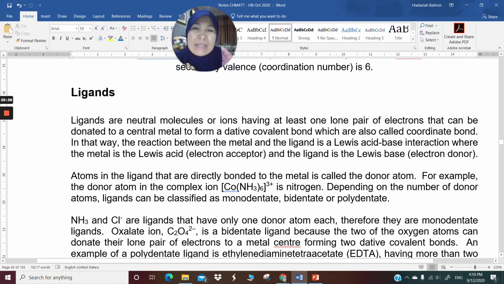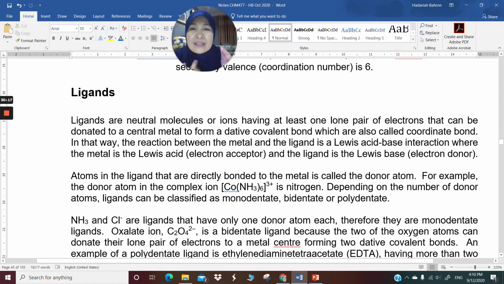Dative means that the lone pair of electrons being shared by the ligand and the metal come from one source, which is the ligand only. Sometimes they are also called coordinate covalent bonds.